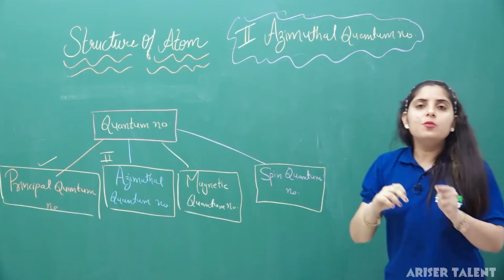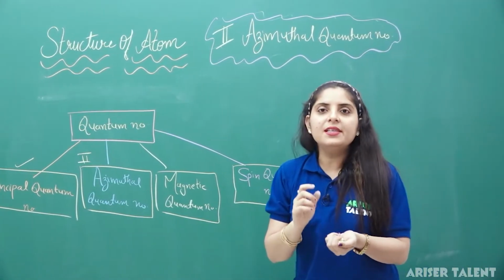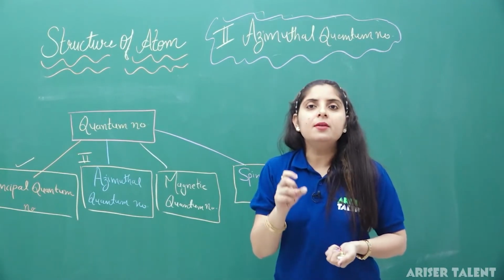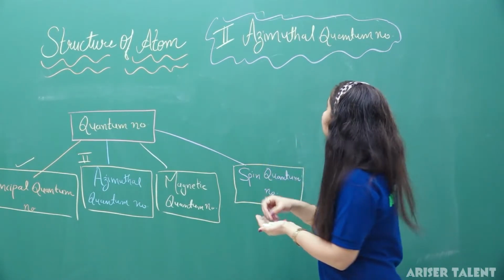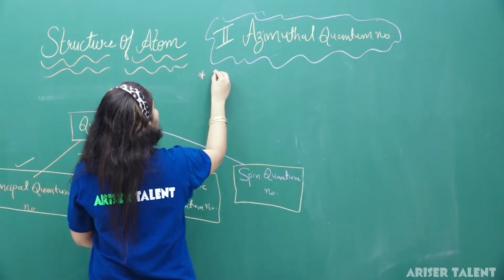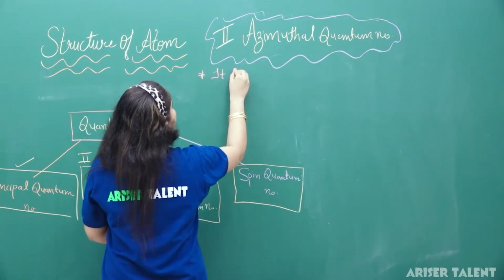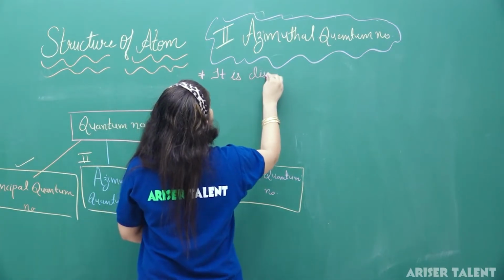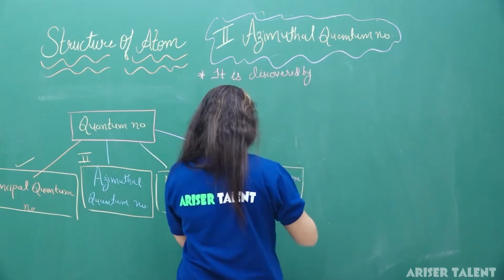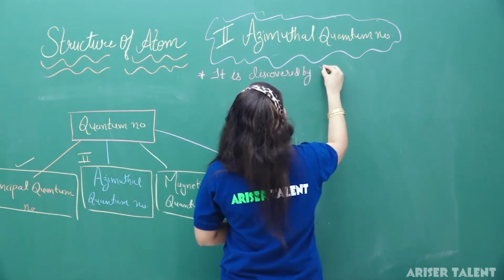Azimuthal quantum number was discovered by Sommerfeld, and it is basically represented by a symbol l. So our first point of consideration here is it is discovered by a scientist named Sommerfeld.